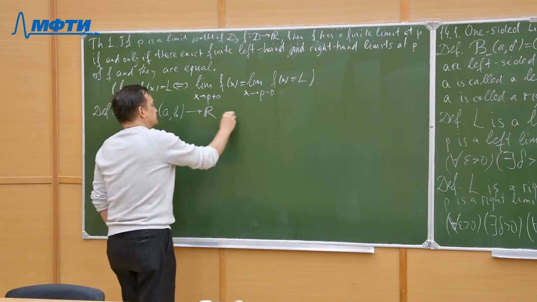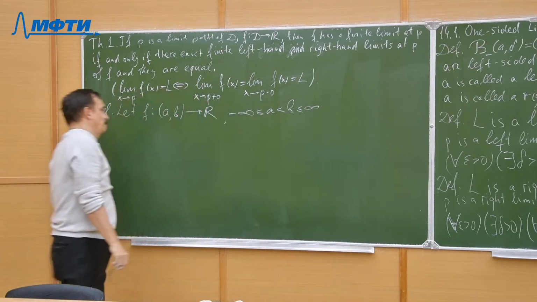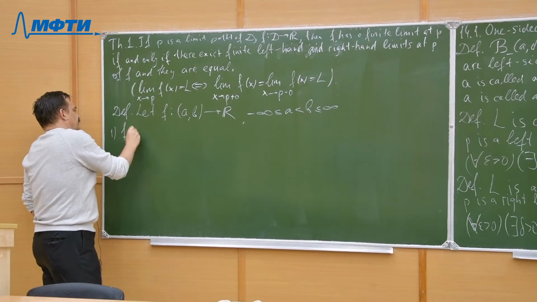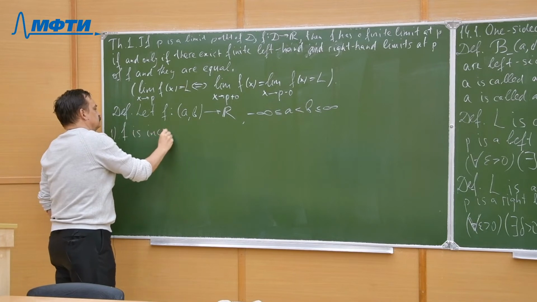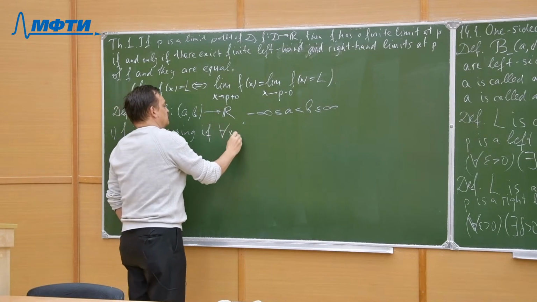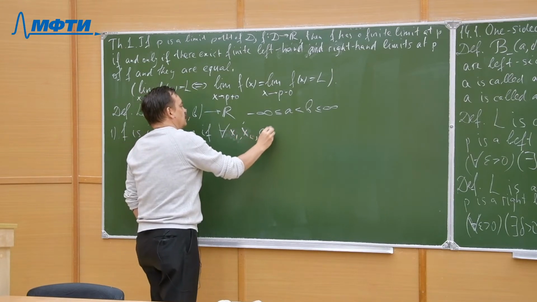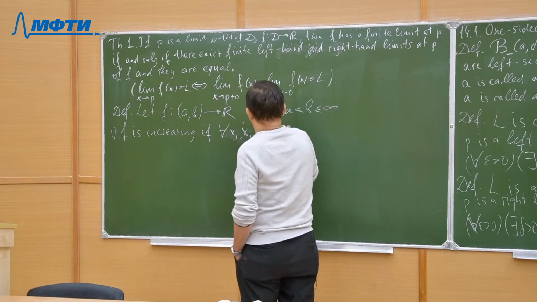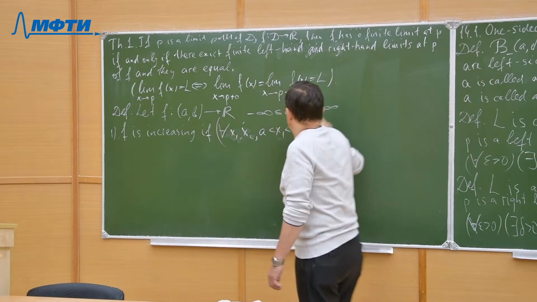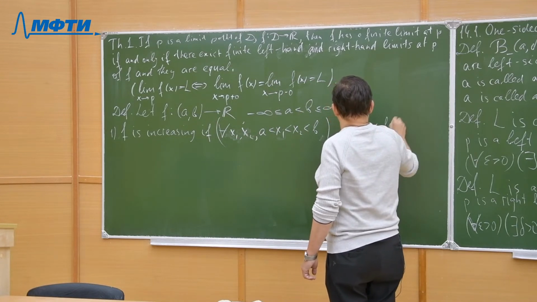So f is increasing if for all x1, x2 with a less than x1 less than x2 less than b, we have f of x1 less or equal f of x2.